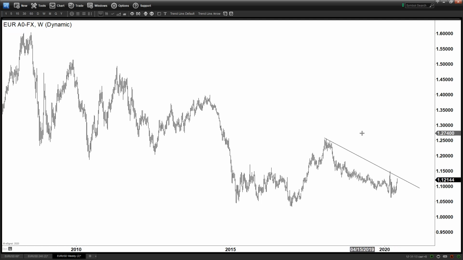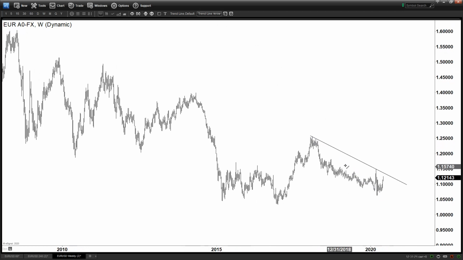Now if we do get a break and close above it, that tells us this cycle is potentially over, and then we can see a bigger bounce, a bigger rally to correct this entire cycle.